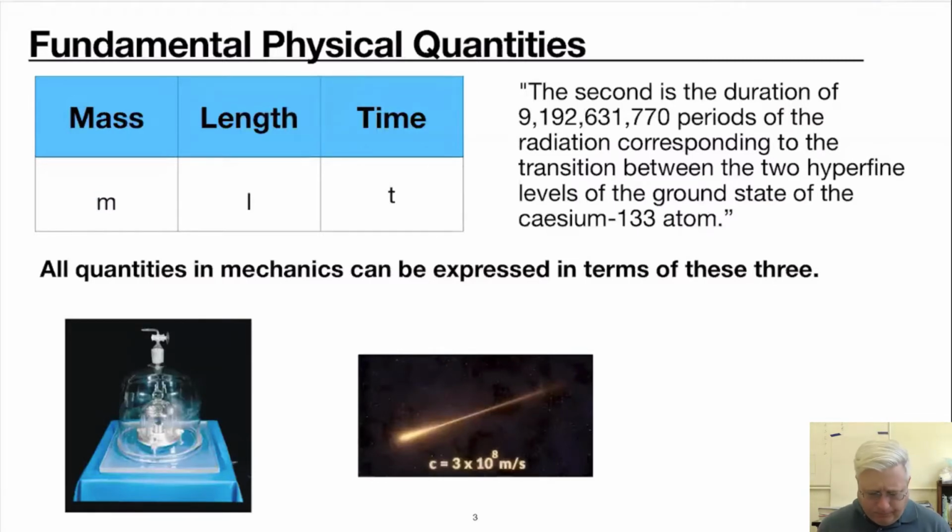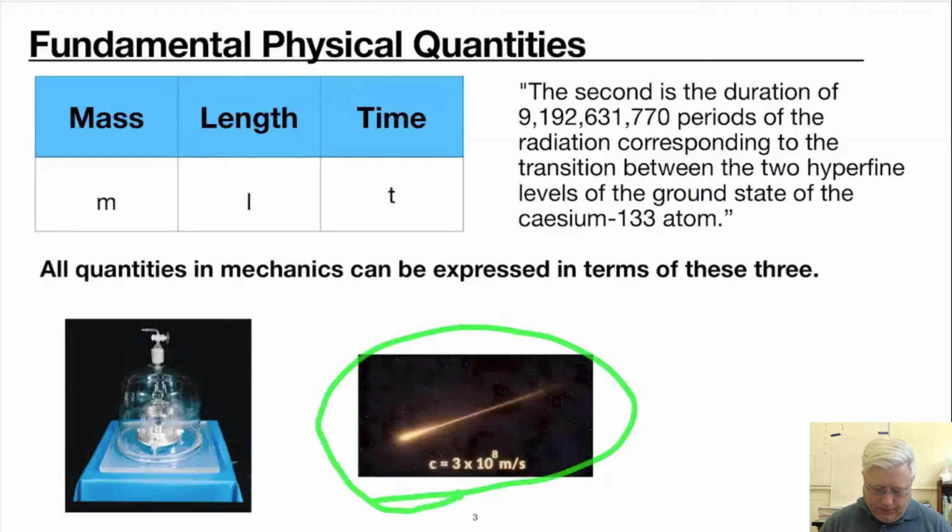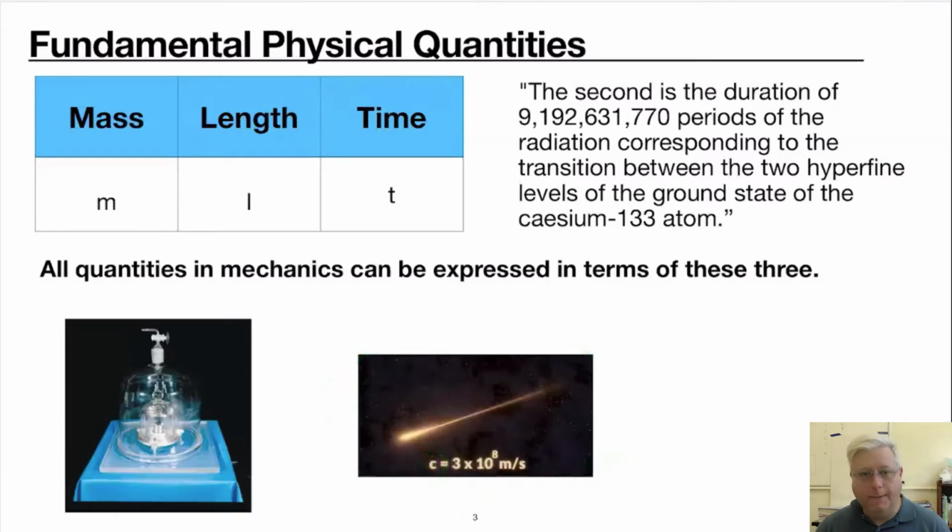One example of that is the speed of light. Down here we see that it's symbolized with a lowercase c. There are all kinds of speeds, and the speed of light is an important constant, about 3 times 10 to the 8th meters per second.